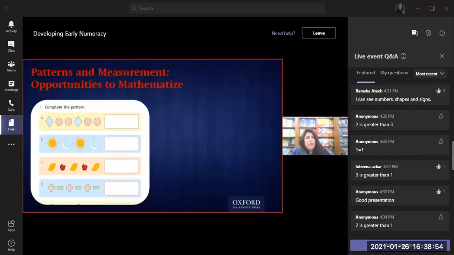So here you can see an activity of patterns. This is a very wonderful opportunity for children to mathematize, because children actually make their own patterns, and they make their own connections. So patterns can be very interesting.